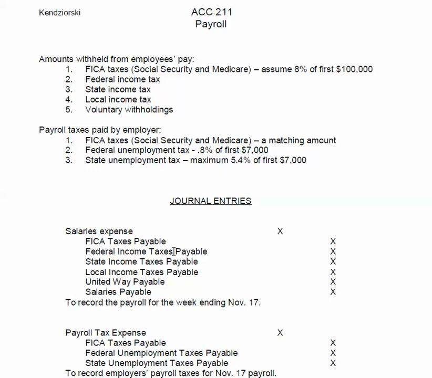Everyone pays into the federal income tax, but state and local are withholdings that depend on where the person lives and works. So some states do not have a state income tax. They might get their tax revenues through other sources like sales tax or property tax. And many local governments, different cities, may or may not charge a local income tax.